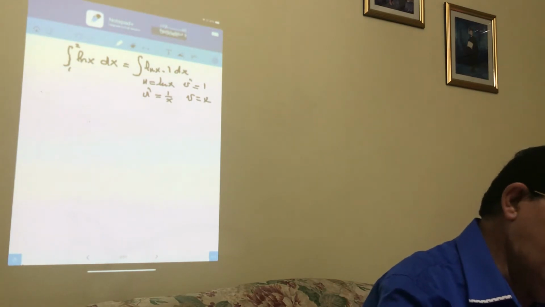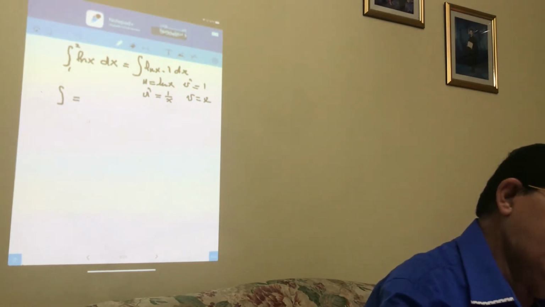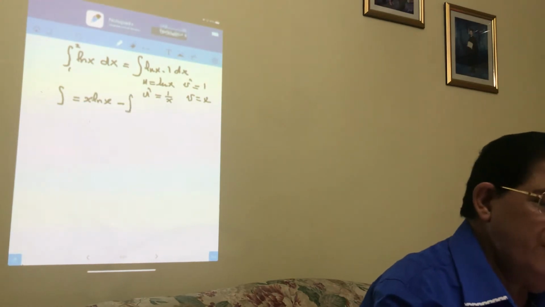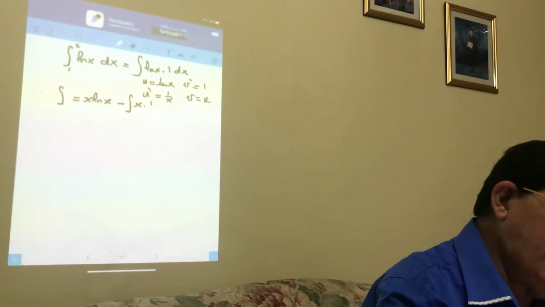And we continue and say the integration equals, the rule says uv, x ln x, minus the integration of v times u dash, x times 1 over x dx.